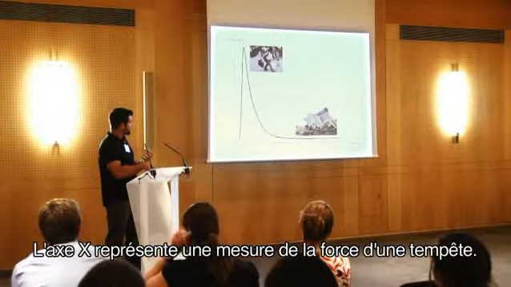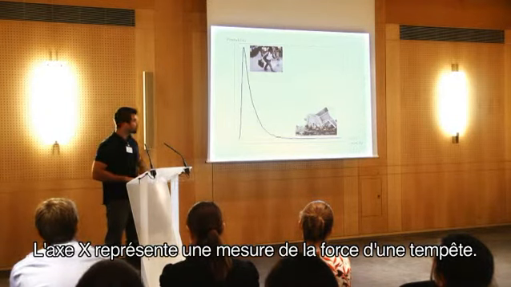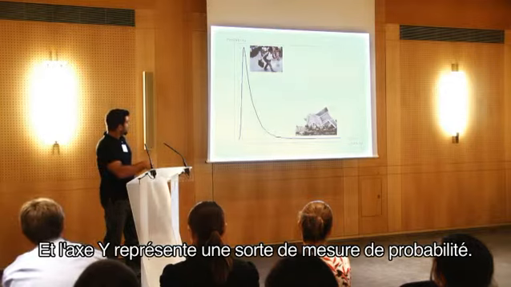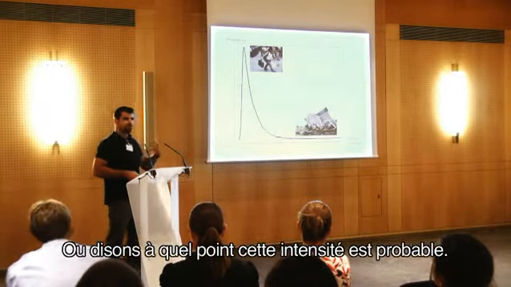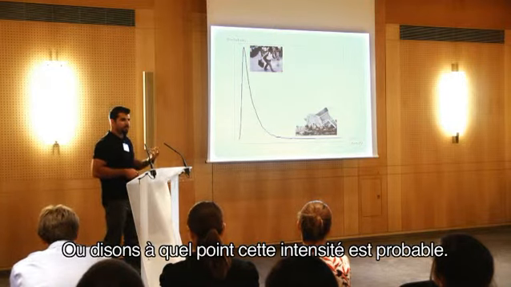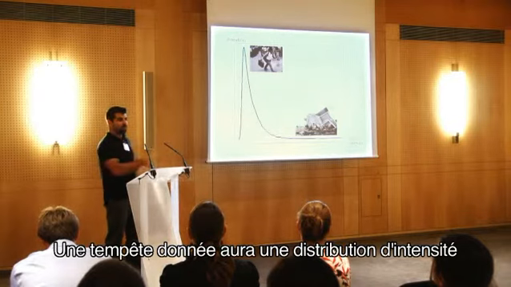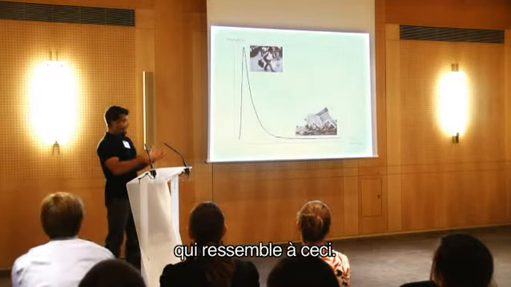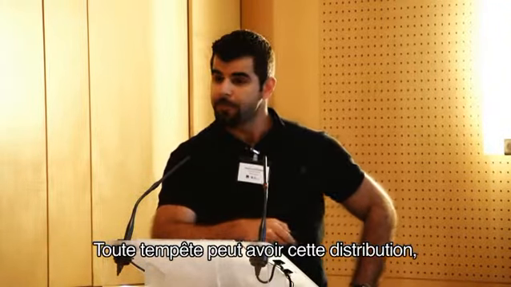So think of the x-axis as a measure of how strong a storm is. And this, on the y-axis, is some kind of measure of probability, or how likely that intensity is. So a given storm would have an intensity distribution that looks like this, right? Any given storm can have this distribution.